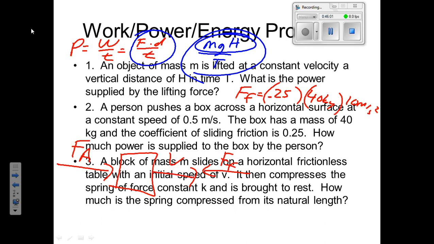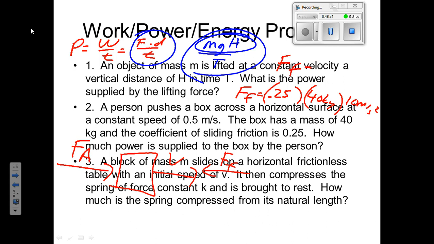Let's multiply that out. 40 times 0.25. I'm going to go ahead and use 9.8 because that's what I'm used to using. And we end up with, that doesn't work out. Let me try that one more time. That comes up to be 98.